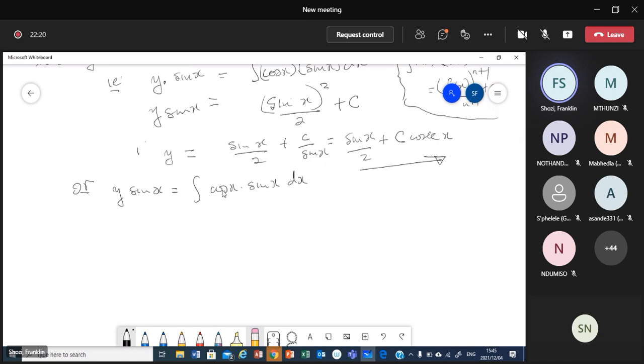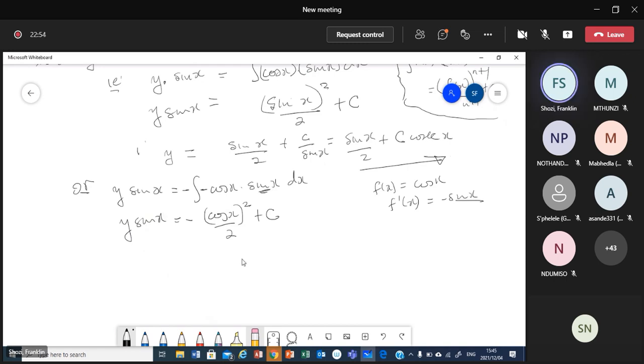The derivative of cos x, if I take this as my f at x, what is its derivative? It's minus sine x. Sine x is there, but there is no minus. I can play around, put a minus there and take a minus there. Then my answer will be minus cos x to the power n plus 1, which is 2, over 2, plus c, y sine x.